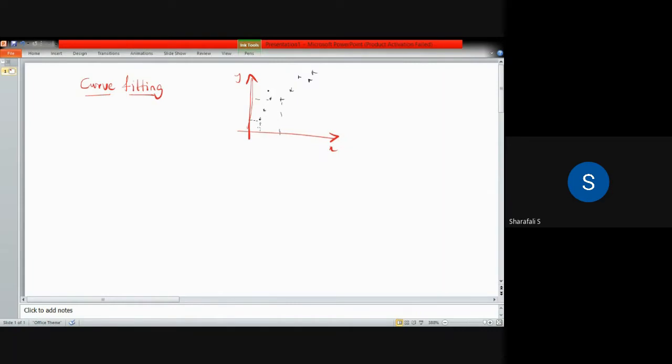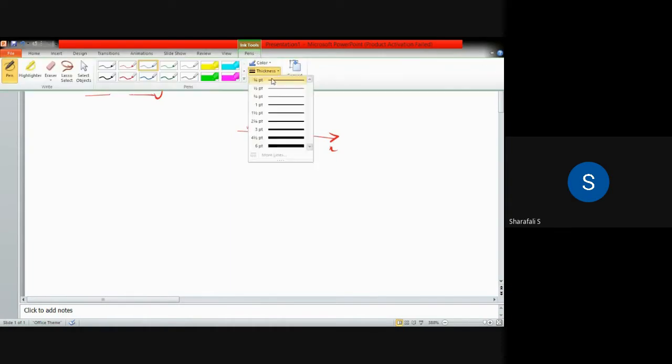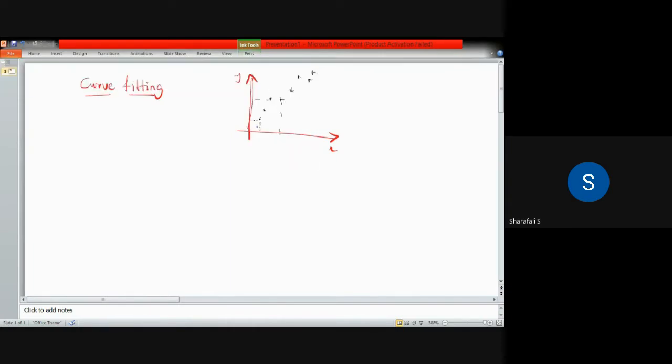Now, what we have to find out is the curve that will fit this given data. That curve has to pass through all these data points. In some cases, the given data points will be random.